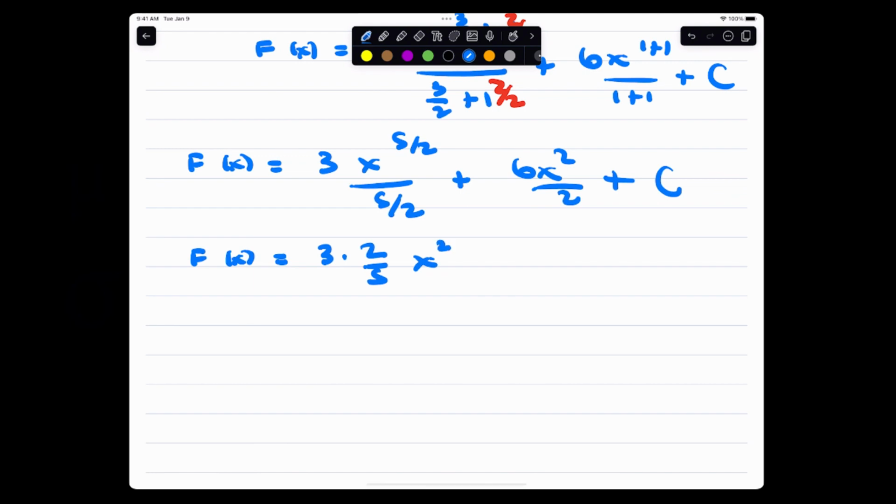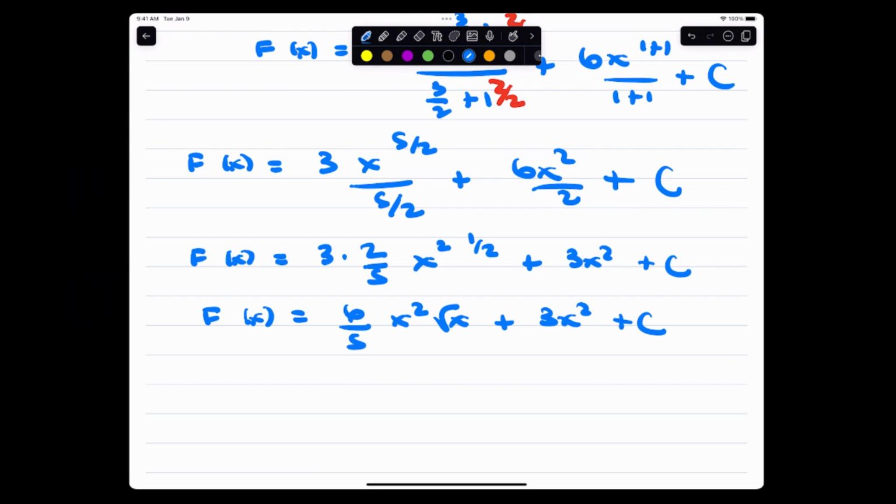Isn't this 2 and 1/2 if I write it as a mixed number? You guys know where I'm going with this? We got to simplify there. So this would be 6/5 x squared, square root of x, plus 3x squared plus c.